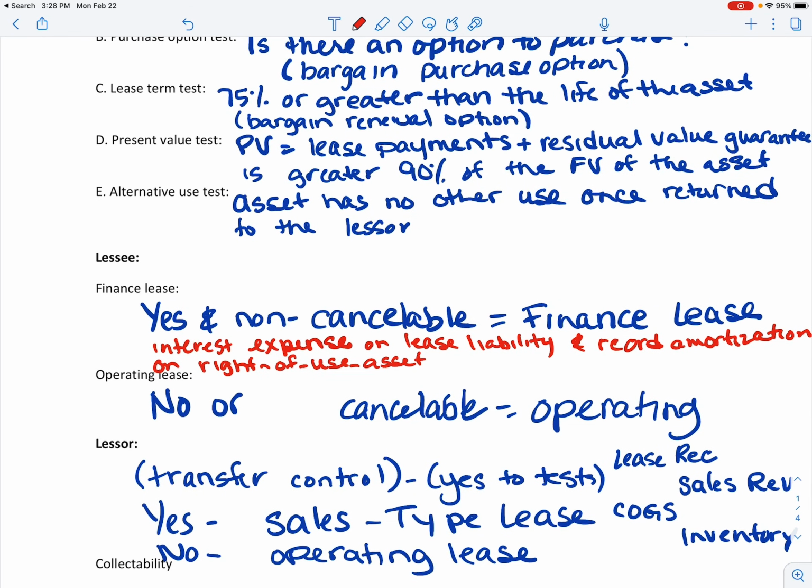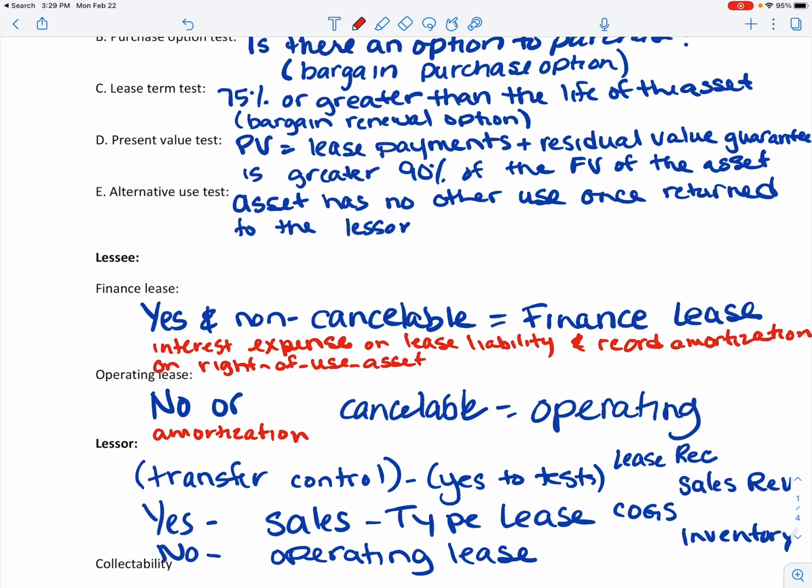From the operating standpoint, we're still going to measure interest expense using that effective interest method. We're still going to amortize this right of use asset. The difference is this amortization on the operating lease is going to be the same from period to period.